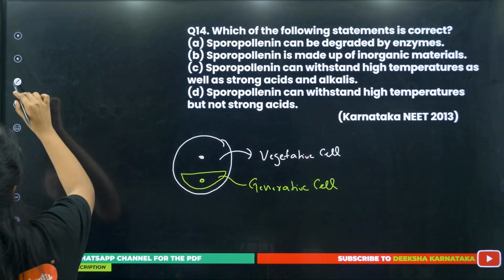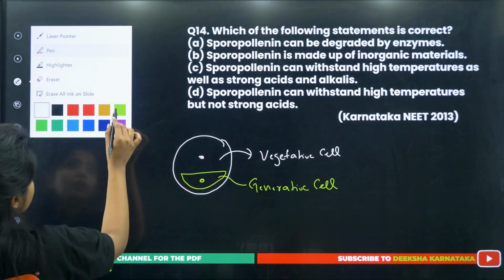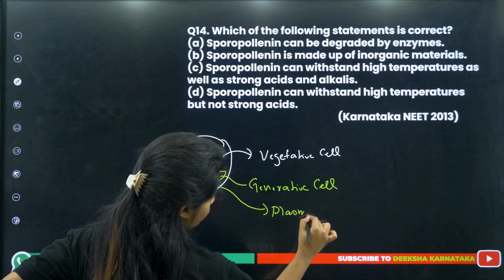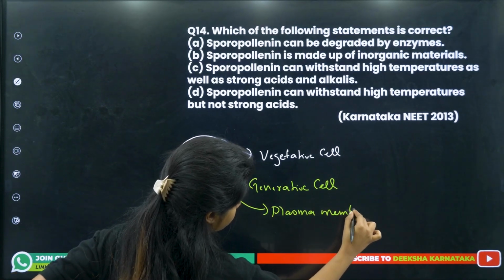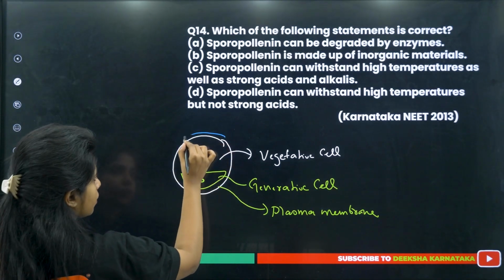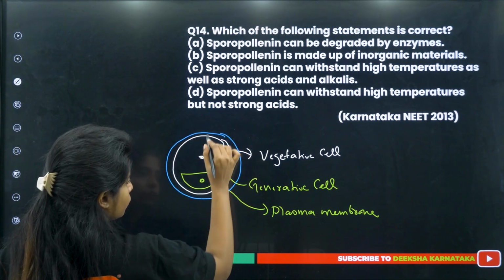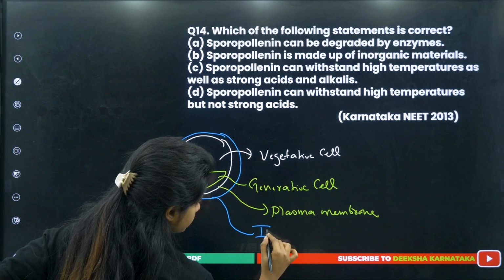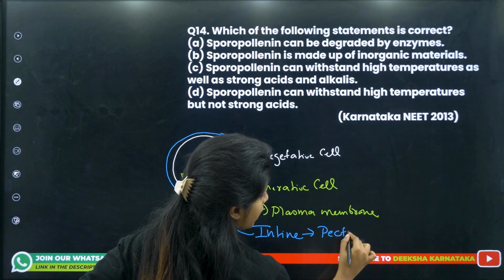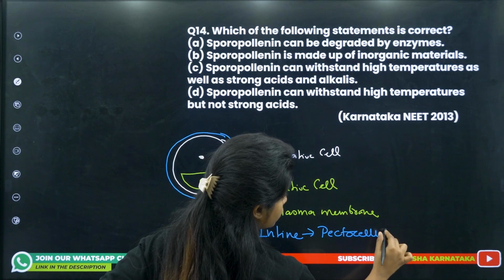Now, this cell that you see over here is covered by, obviously, a plasma membrane. But apart from that, it is covered by another layer which you call the intine, and this intine is made up of pectocellulose, pectin and cellulose. So I write pectocellulose.